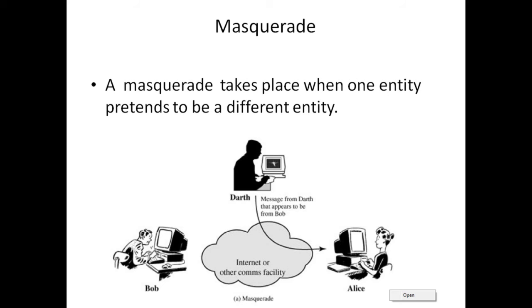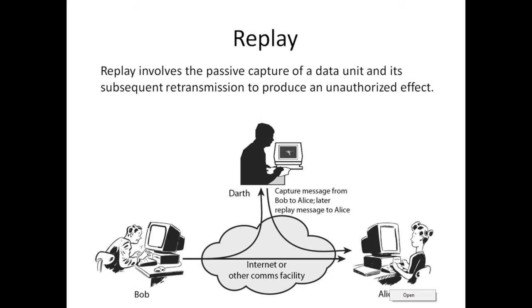Here the sender has to send the data to the receiver, but the attacker appears to be the sender and sends the data to the receiver. It will be difficult for the receiver to guess where the data has come from, because the credentials of the sender were stolen by the attacker and misused while sending the data.